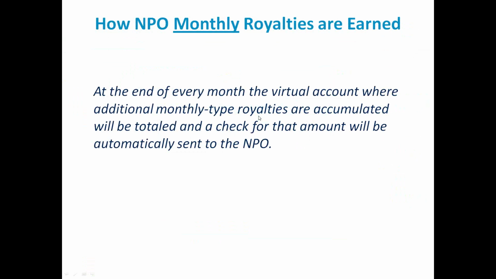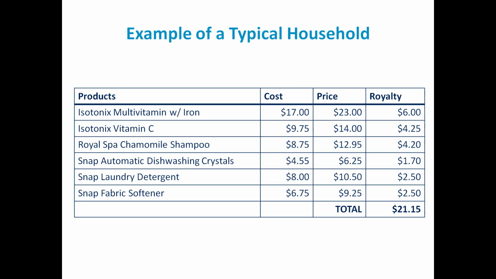And then how the NPO monthly royalties are earned. At the end of every month, the virtual account where additional monthly royalties are accumulated will be totaled, and a check for that amount will be automatically sent to the nonprofit organization. Here's a small example of a typical household, and this can be modified.